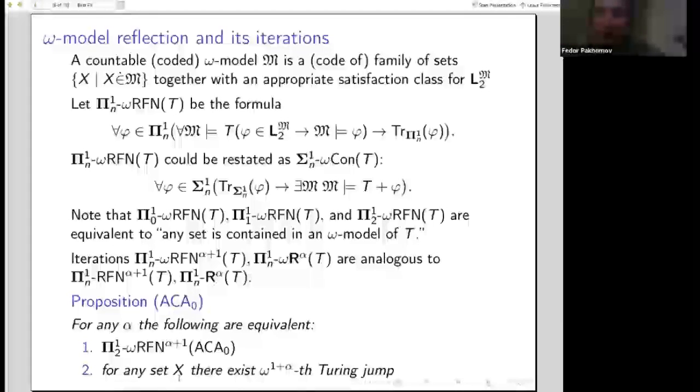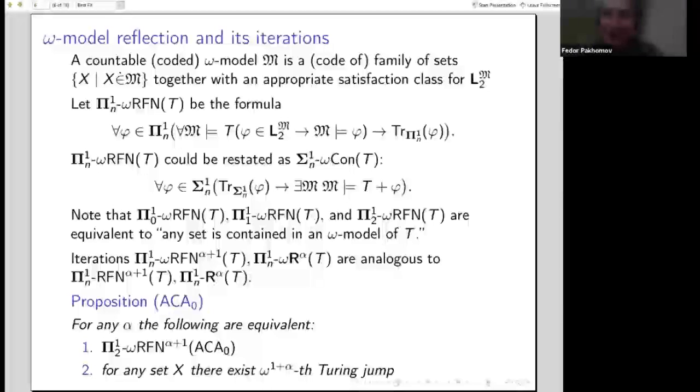Let's consider how it begins. We begin just with AC0. AC0 is equivalent to the fact that for every set there exists its Turing jump.